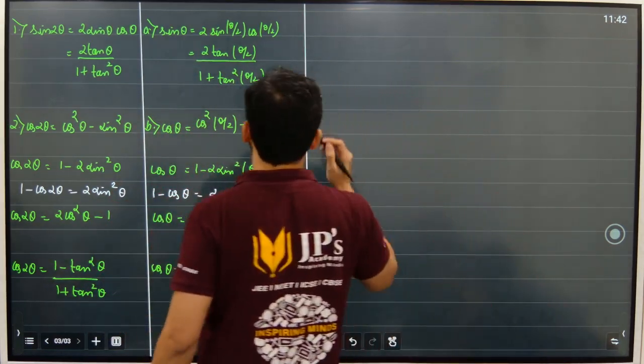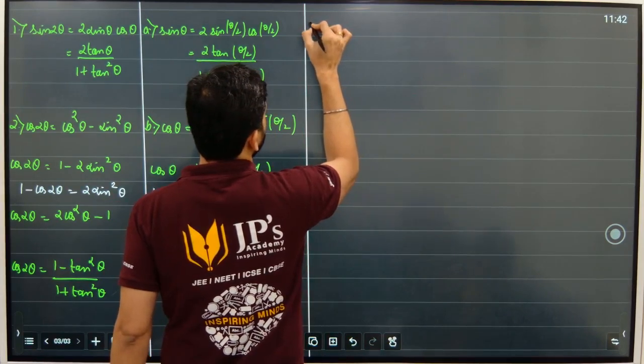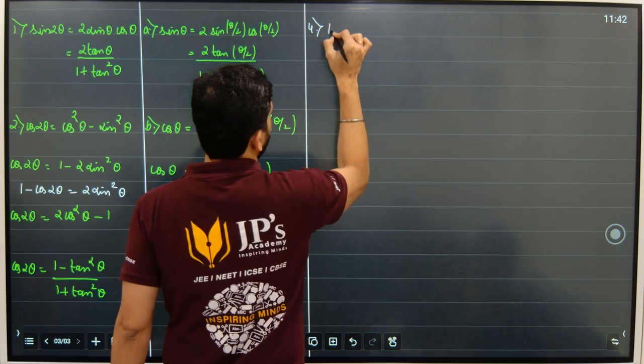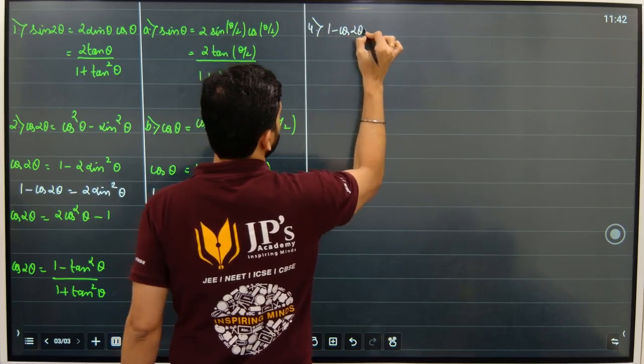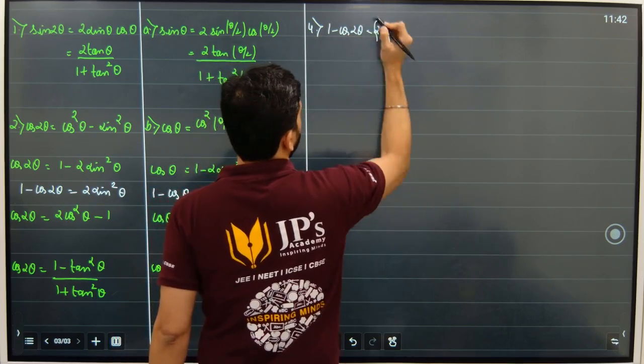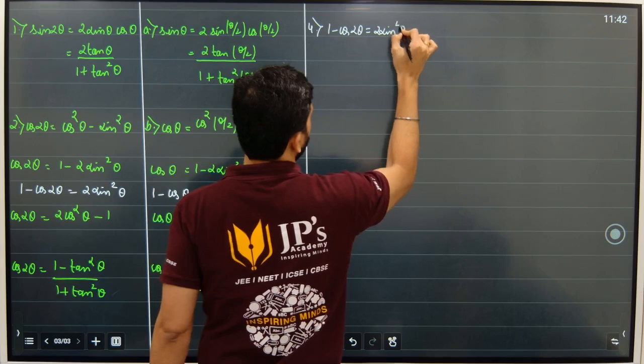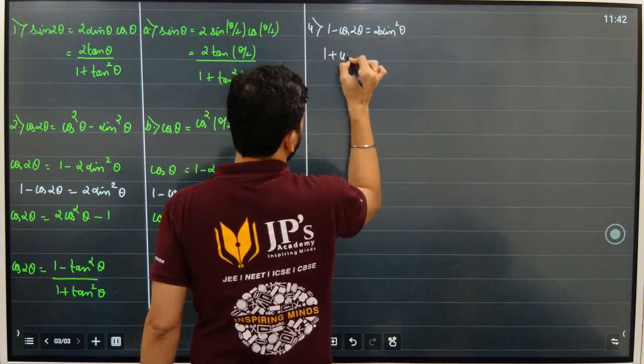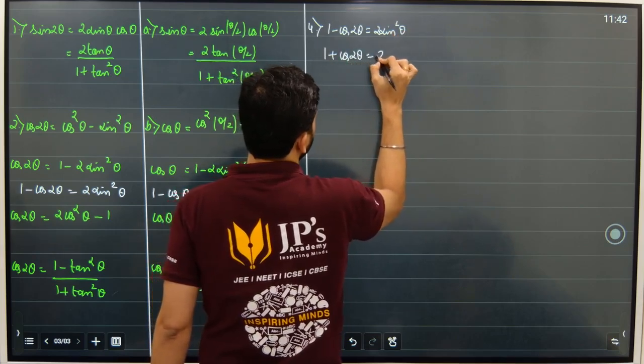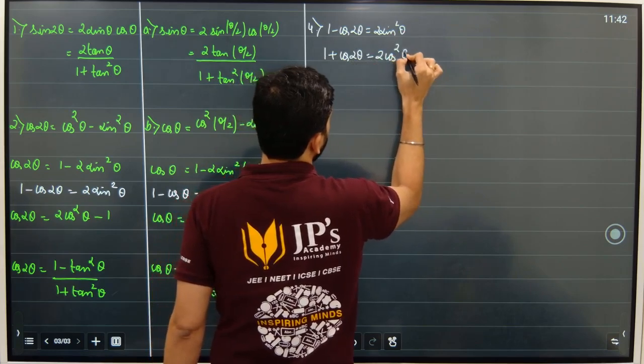So I'm just going to write it here. Next formula is 1 minus cos 2 theta is equal to 2 sin square theta. 1 plus cos 2 theta is equal to 2 cos square theta.